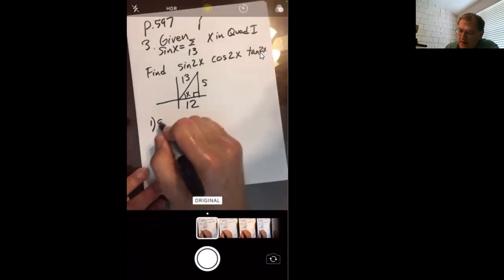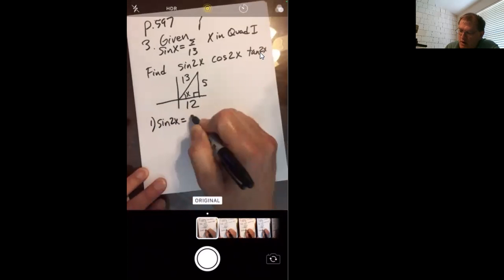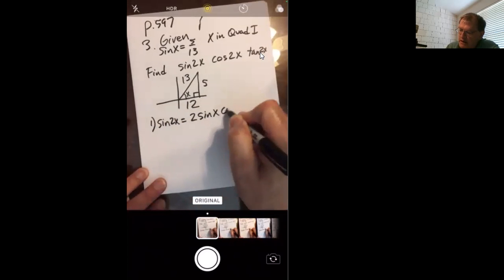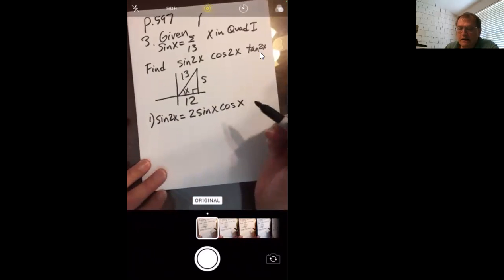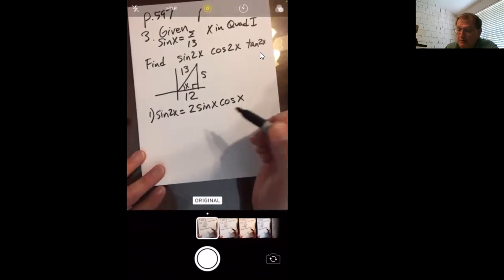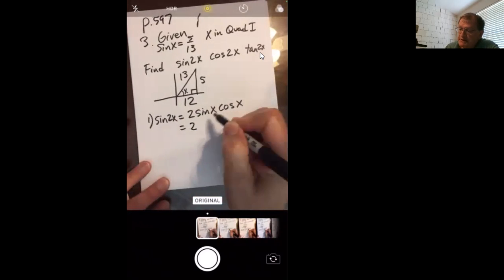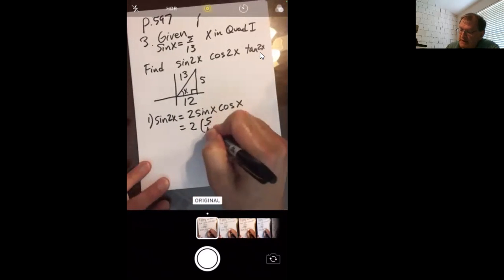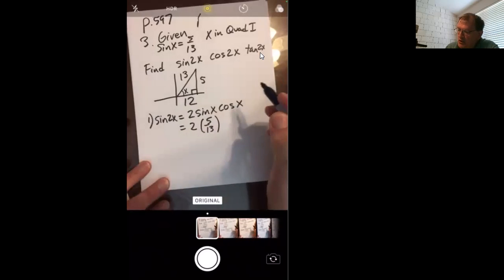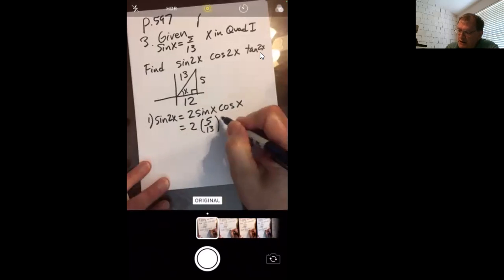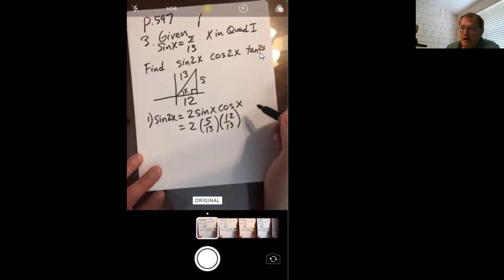All right, well, it's plug and chug. First one, sine of 2x is twice your sine. Sure you have this memorized. It's basically plug and chug, a matter of knowing the formulas. So twice your sine is 5 over 13 and your cosine is 12 over 13. If you multiply out your top, 2 times 5 is 10, times 12, that'd be 120. 13 times 13 is 169.